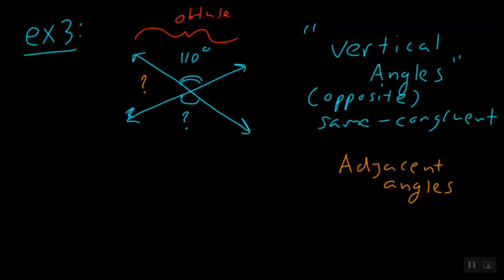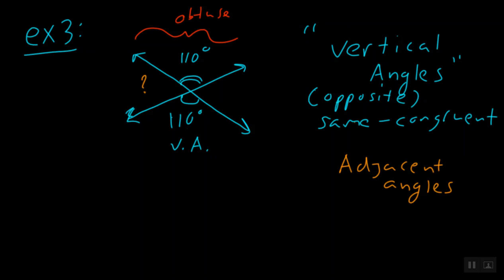Congruent is our geometry word for the same. So check it out. If this one angle right here is 110, well then this angle right here, just erase that question mark, is also going to have to be 110. And so I know that this angle across from it was a vertical angle.